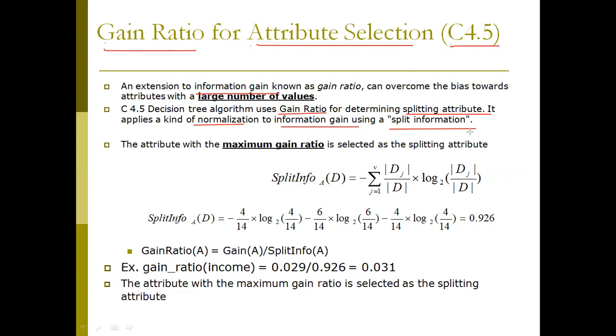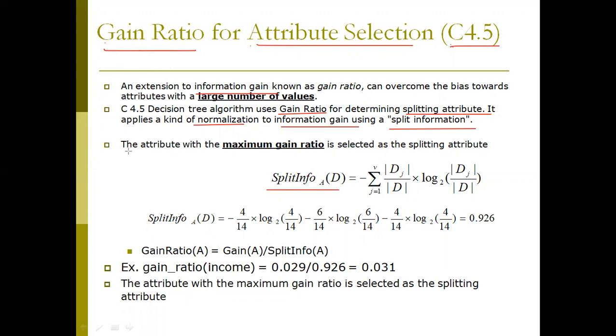Here we have one formula for the split information of an attribute, which is applied with information gain to find the gain ratio, right?